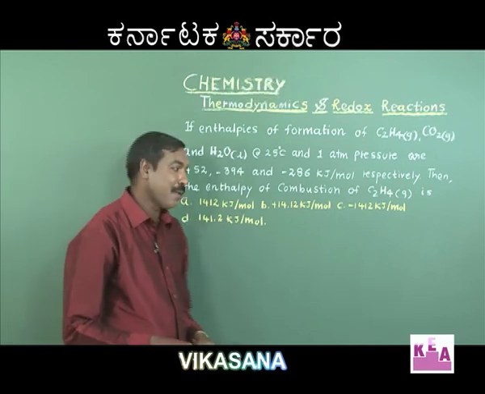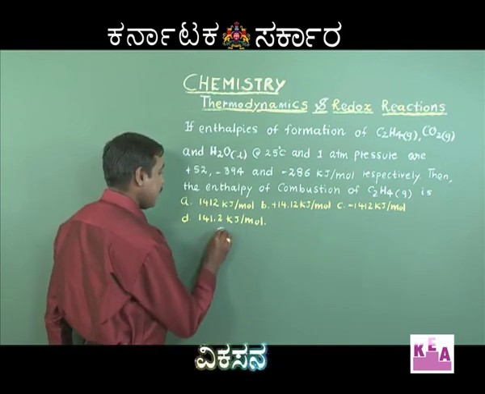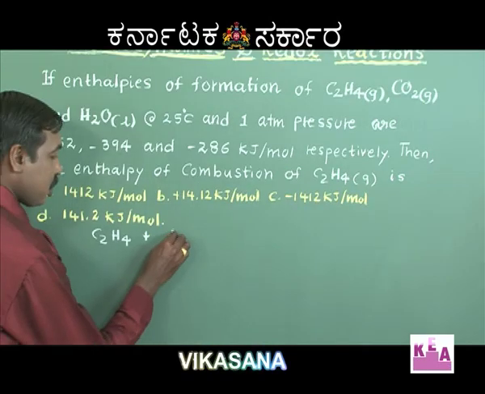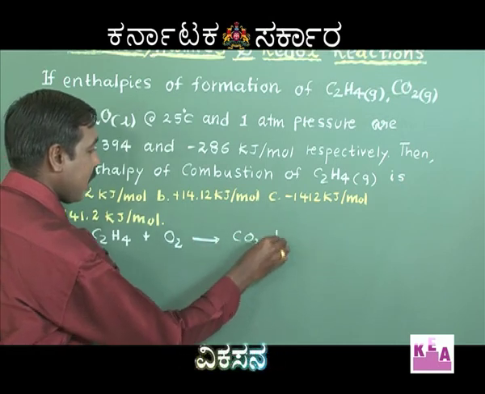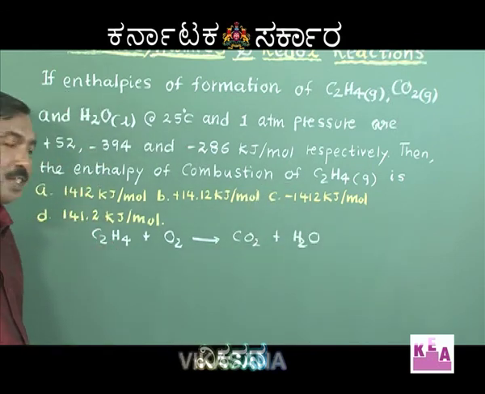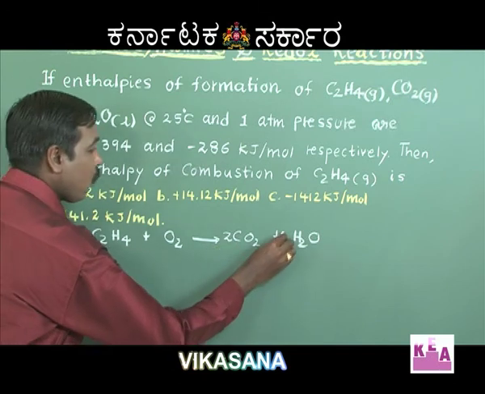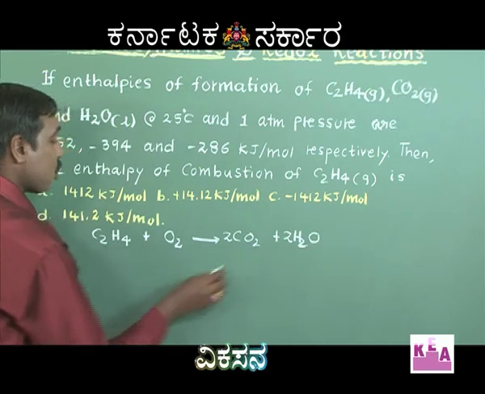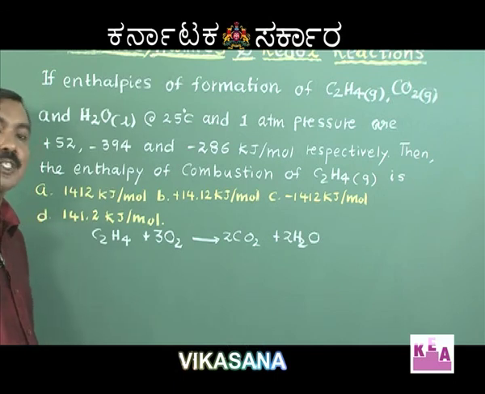Let us write the required equation. For combustion of ethene, C2H4 undergoes combustion reaction with oxygen, and I get carbon dioxide and water. Balancing this equation: carbon 2 times, I write here 2; hydrogen 4, make it 4; oxygen 2 into 2 is 4 plus 2 is 6, therefore 3 into 2 is 6. So my required equation is ready.